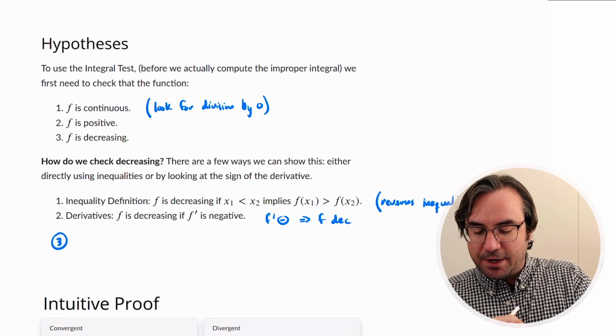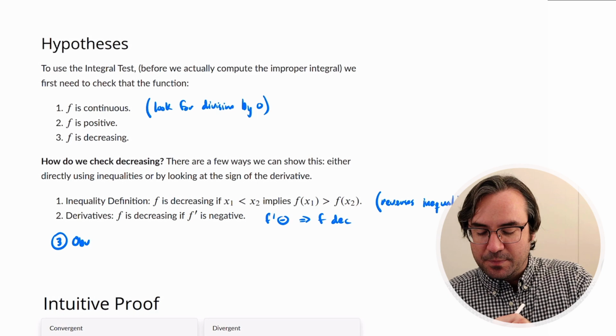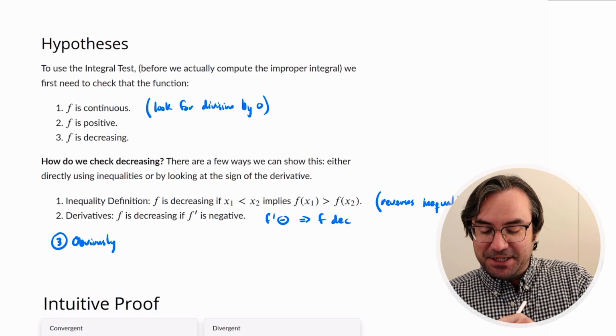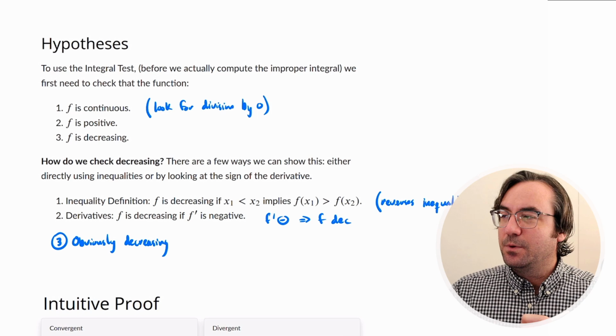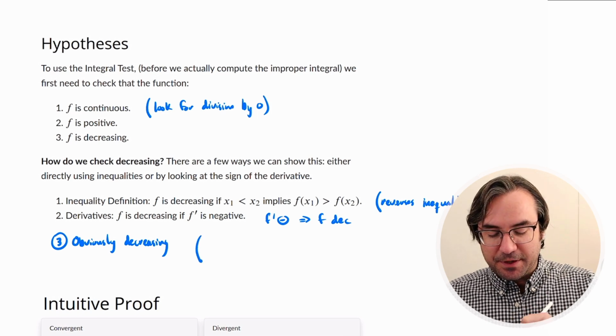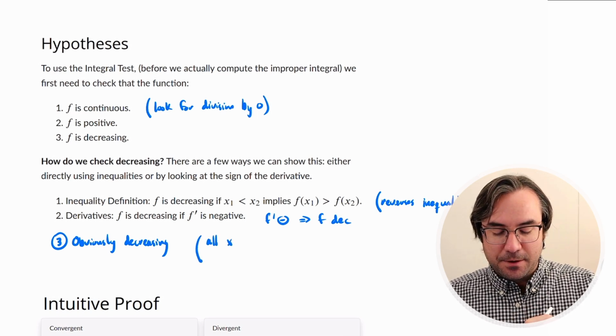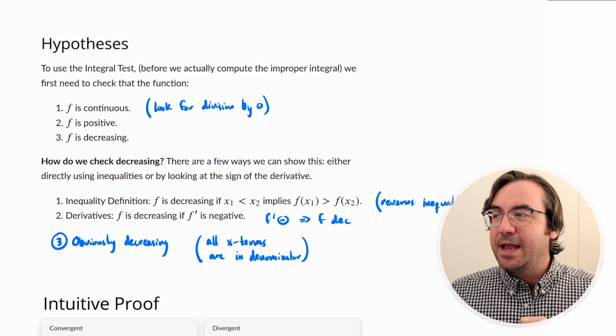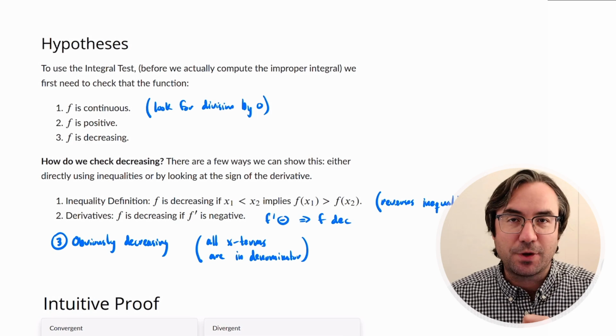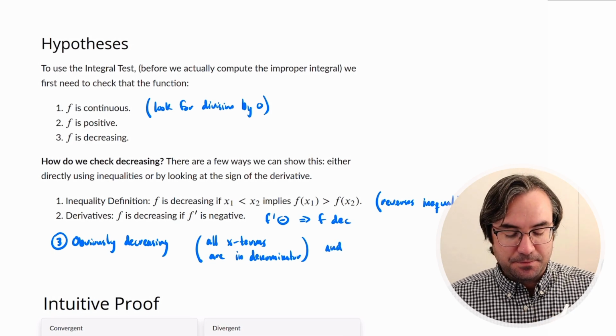And then sometimes there will be cases where the function is just obviously decreasing. So we'll add a third one here, and we'll say it's obviously decreasing. All right, so what would that involve? Well, the cases are all the x terms that you see are in the denominator, and there's no subtraction of x terms.